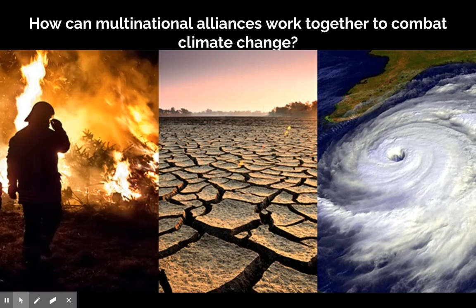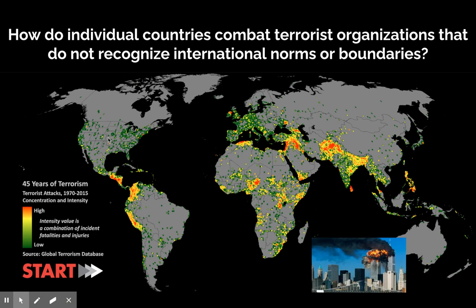There are other things that challenge us in the world and that governments must deal with, and even international government organizations must deal with. Things like climate change. How can multinational alliances work together? Because if we're spewing out waste and pollution in the United States, it's going to affect Canada.